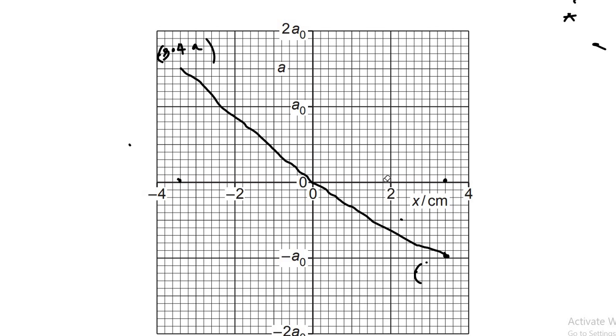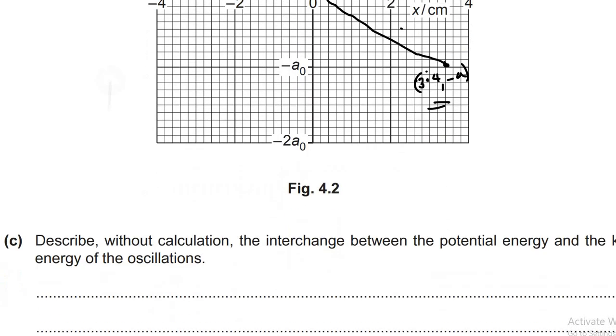Minus 3.4 on the x-axis, y is a. This one is plus 3.4, the opposite of it. That's the graph. That's what the examiner wants to see.